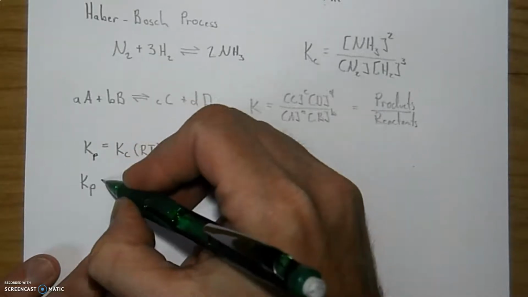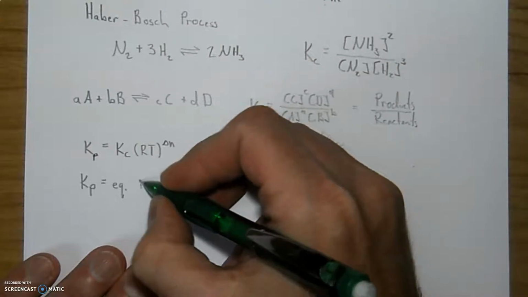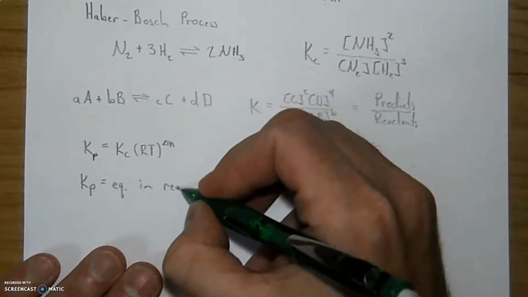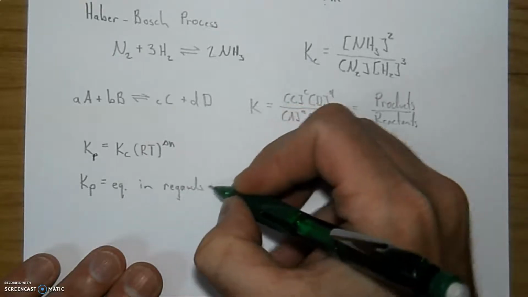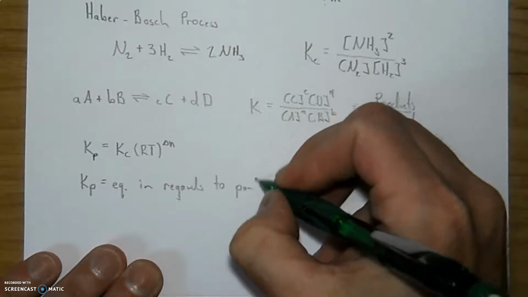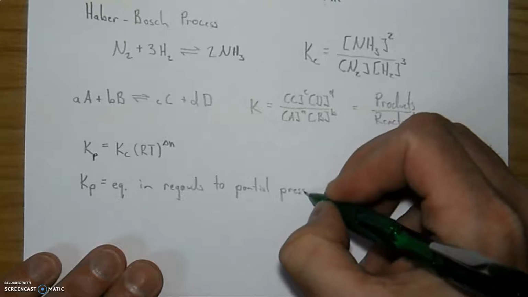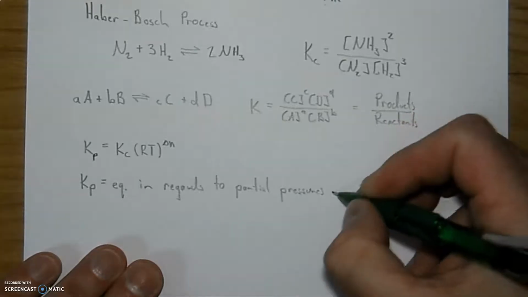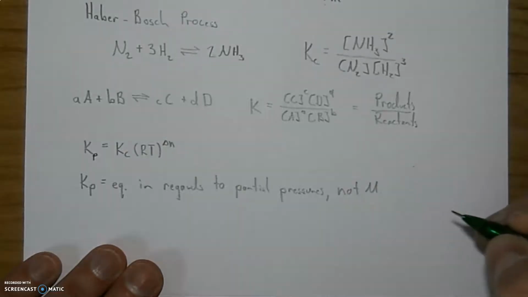Kp is equal to the equilibrium in regards to partial pressures of the system. It is not molarities.